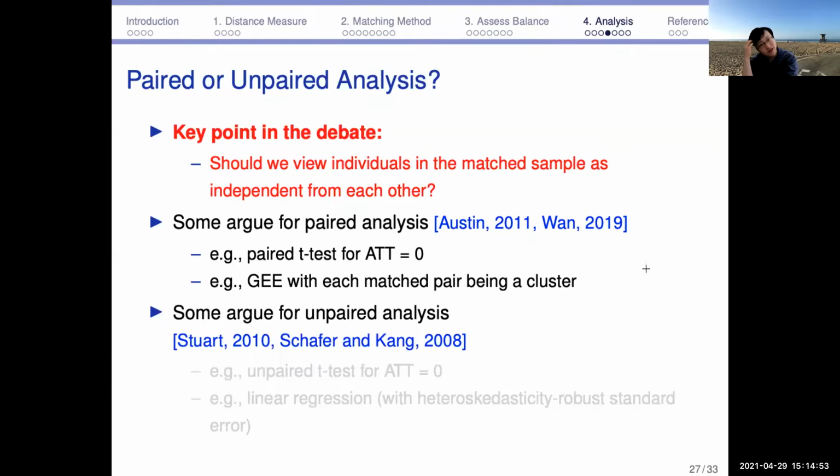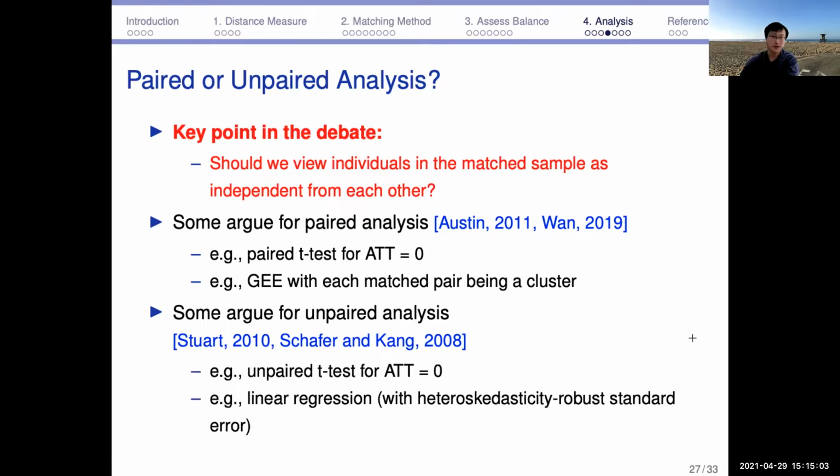Now, there are also arguments for doing unpaired analyses. What are the examples of unpaired analyses? For example, we can do an unpaired t-test, or we can do linear regression without the GEE part. GEE essentially is linear regression, but with some kind of within cluster covariance matrix.